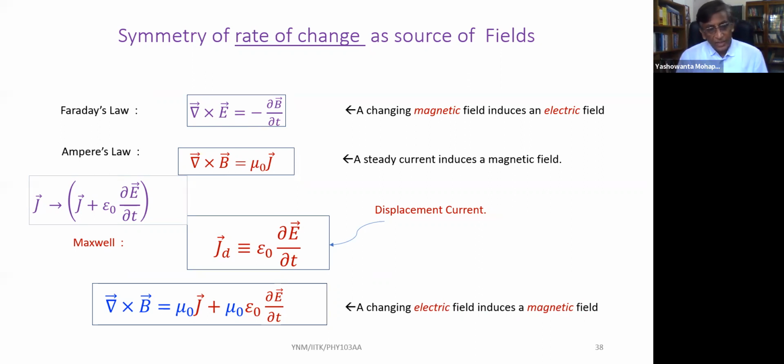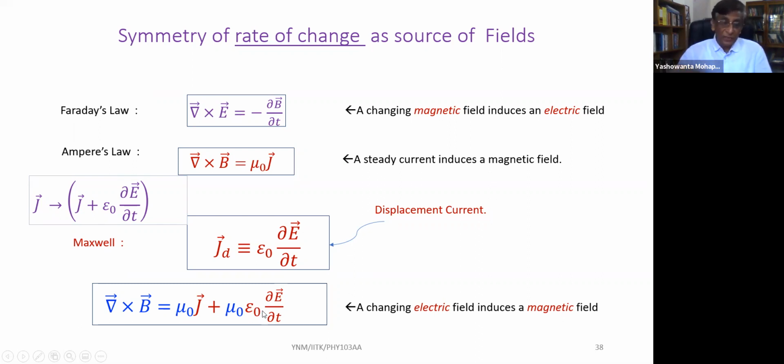Why did this have to wait so long to be discovered in Ampere's law? Even finally, we came to know only in 1888 that it is indeed true experimentally. You'll notice that this mu naught epsilon naught, as we'll come to know later, is 1 by c squared, and hence for this term to compete with any free current in the laboratory, the rate of change del E by del t has to be very, very high. Suppose E was E naught sine omega t, then del E by del t will give omega cos omega t.